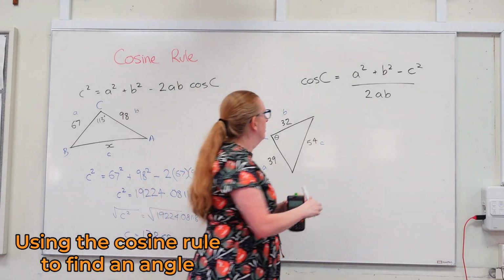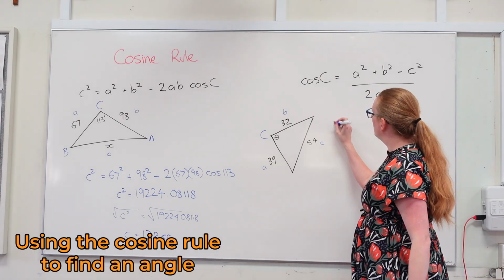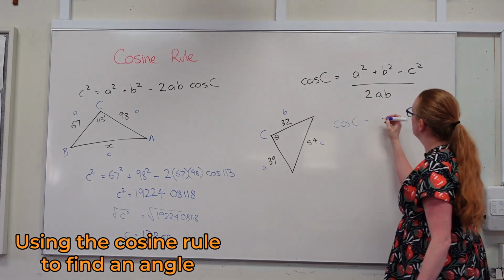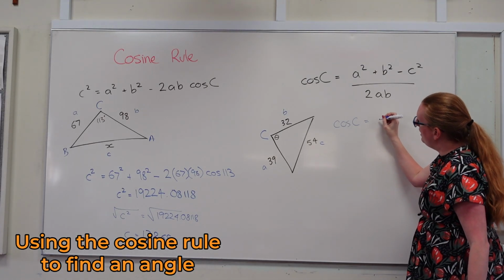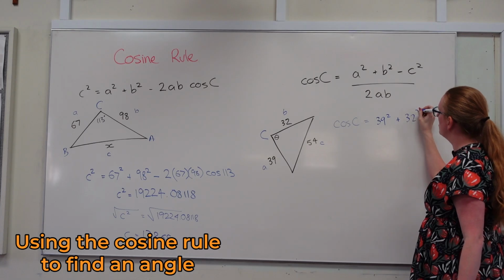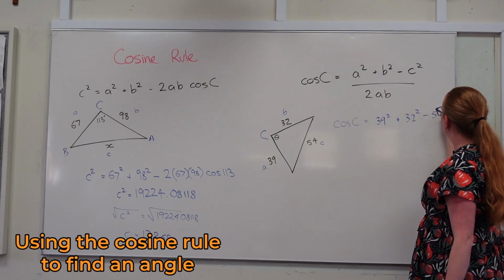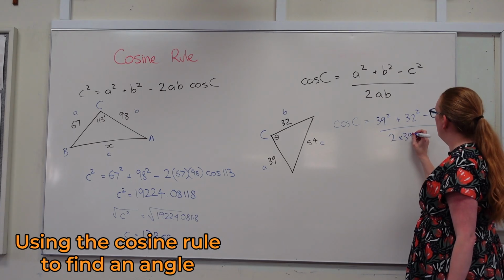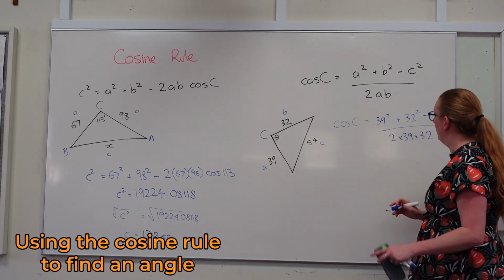Let's do it. So we've got cos C is equal to 39 squared plus 32 squared minus 54 squared over 2 times 39 times 32.